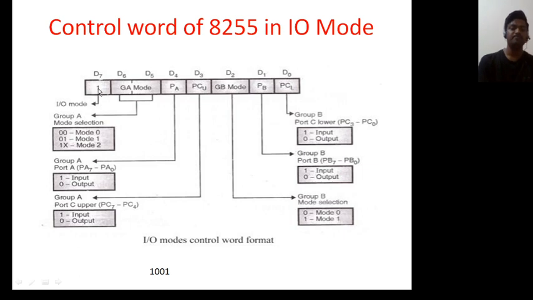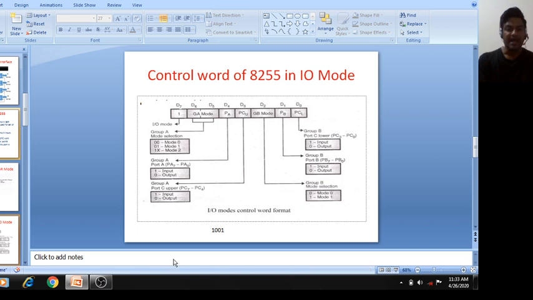Now you have to determine what will be the value of the control register in case of input output mode. This is your 1, and in input output mode this is always 1, and mode 0 for port A, so value will be 0 0. Next, port A input output function: this value will be 1 because port A works as input function.